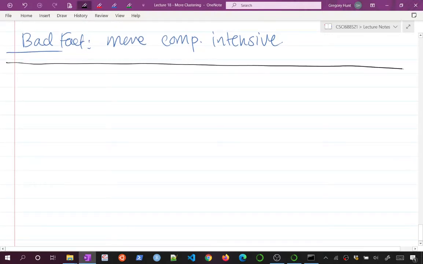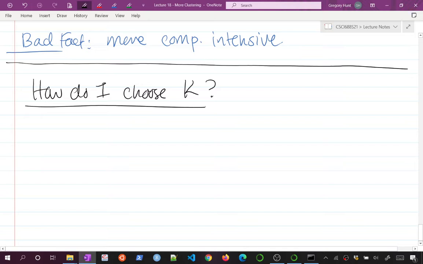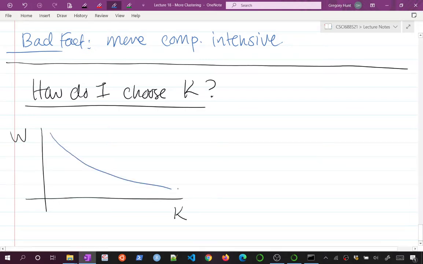So the last thing I want to say about k-means is how do I choose the number of clusters k. In general, there's no simple answer. If I look at a graph of W versus k, this is basically a monotonically decreasing graph, because as the number of clusters goes up, the within-cluster sum of squares goes down.